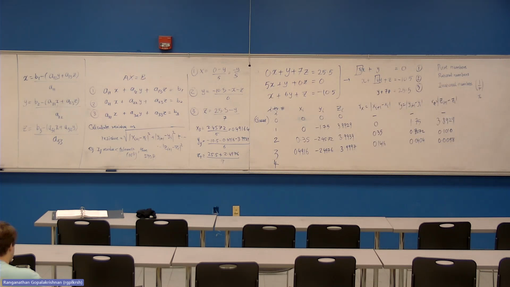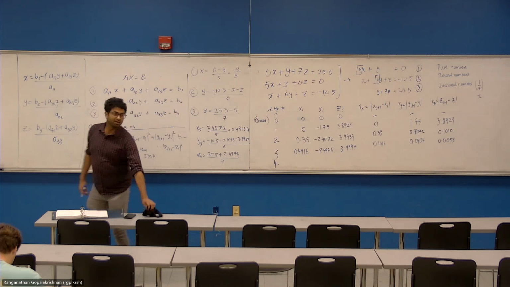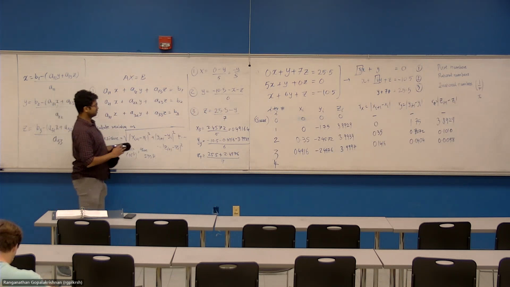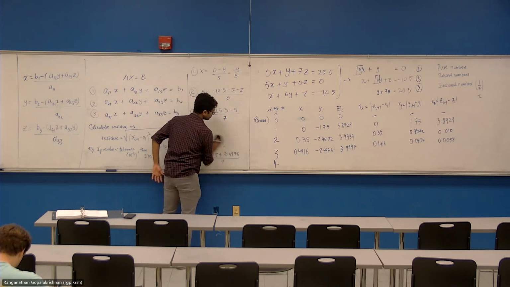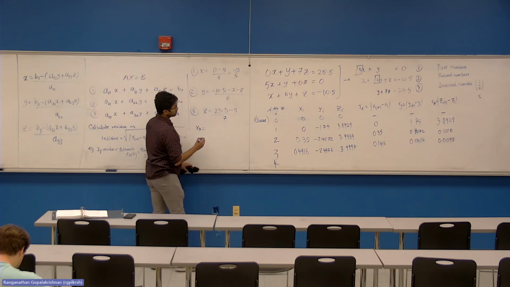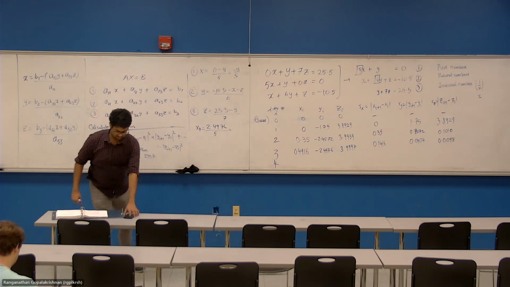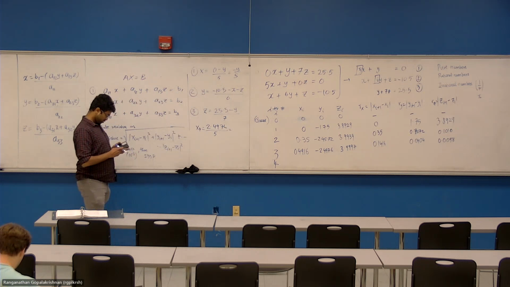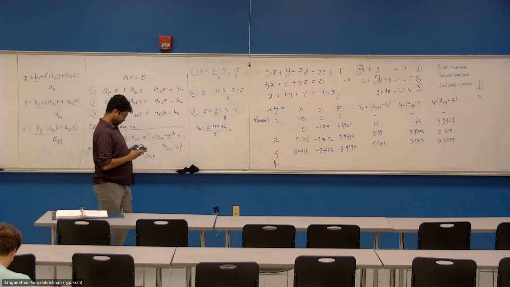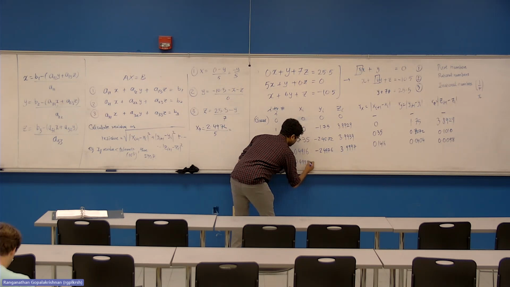If you got this and you feel bored, that's actually a good sign. X4 is 2.4976 divided by 5, point 4995.